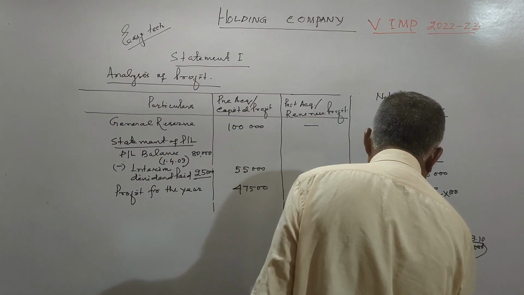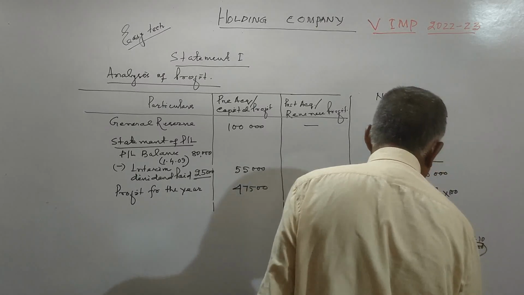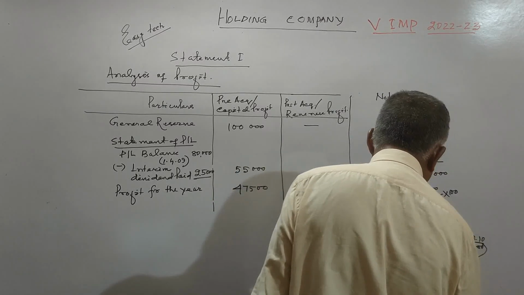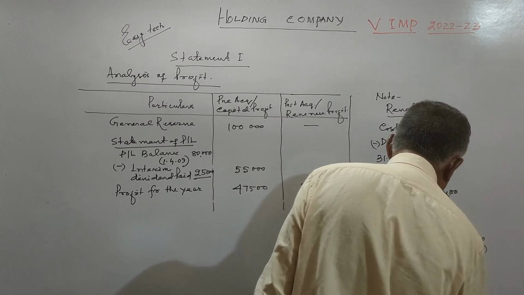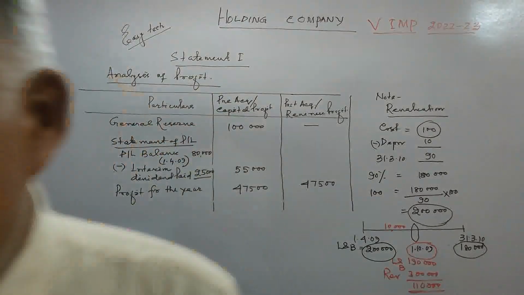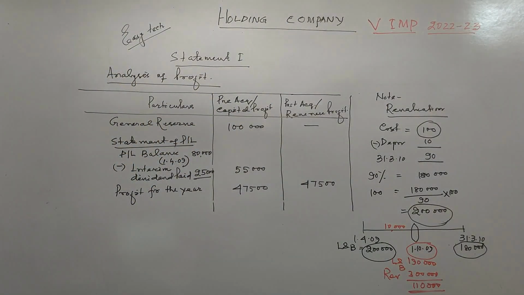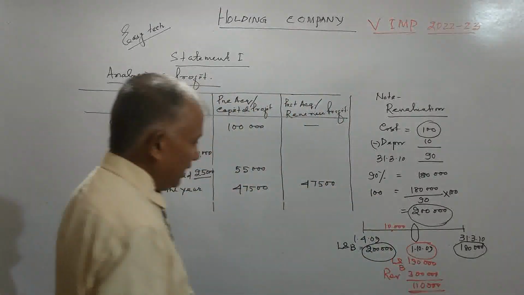This 1,90,000 is revalued for 3 lakh. Value changed to 3 lakh. So here revaluation profit is 1,10,000. 1,90,000 revalued to 3 lakhs. Therefore revaluation profit is 1,10,000. Right?